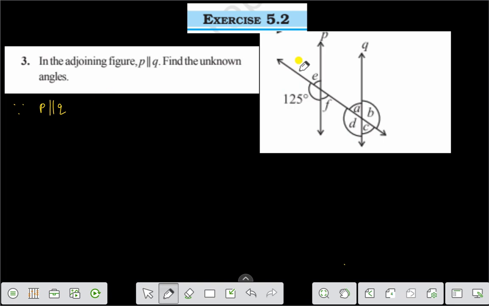Suppose this line is L. So this line is L. P is parallel to Q, and L is a transversal.